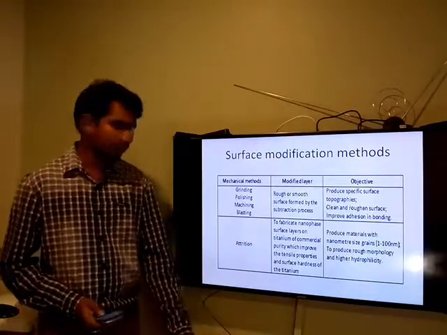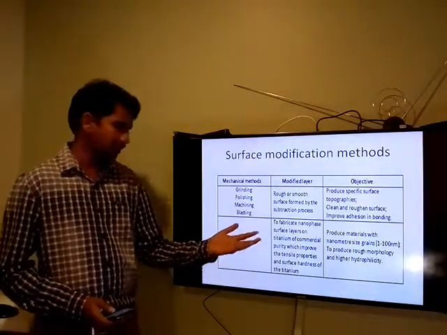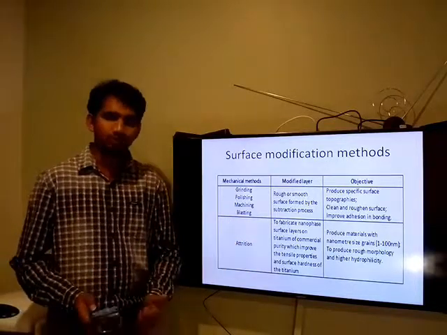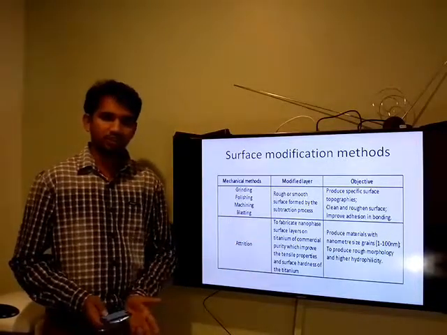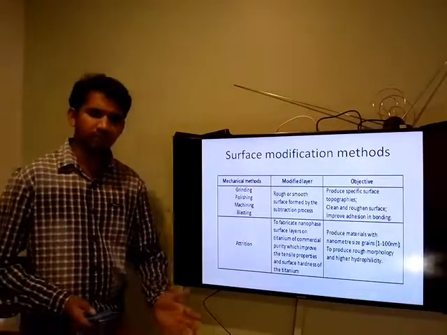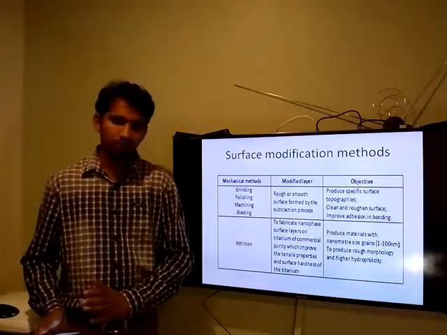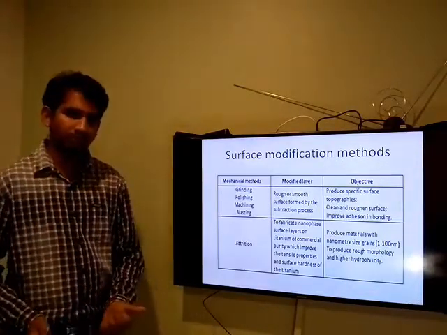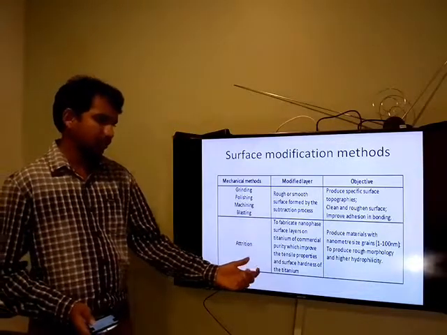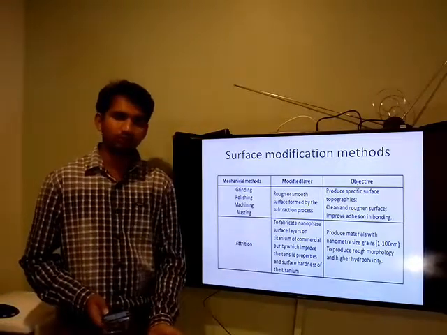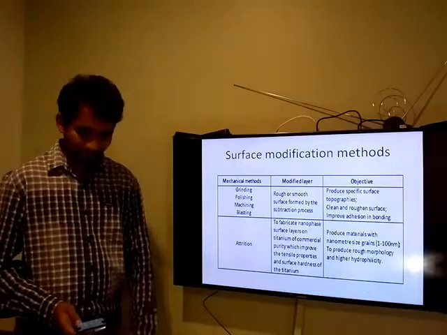In mechanical, we have grinding, polishing, machining, and blasting, which are used to change the surface topography and make the surface rough or well polished, depending upon requirement. We have attrition, which is very useful when it comes to the nano level.